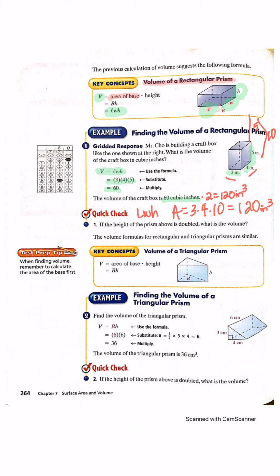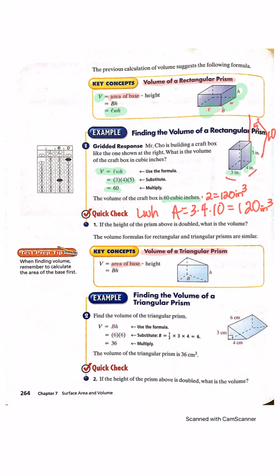Okay, the volume formulas for rectangular and triangular prisms are similar. Here's another one. You want to write this down. The volume is the area of the base.